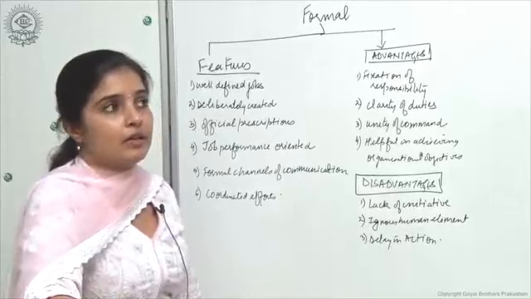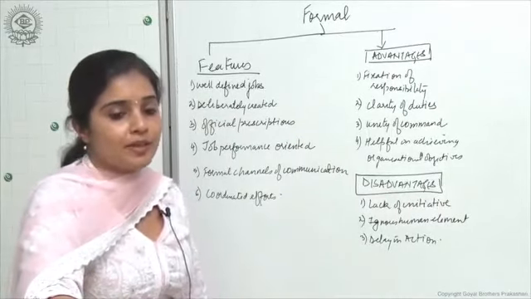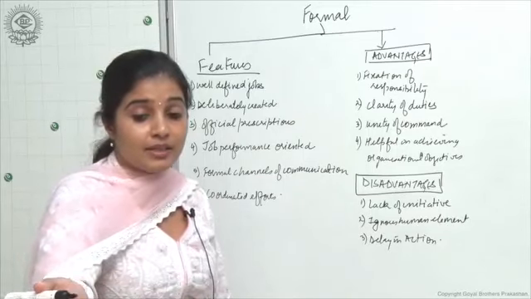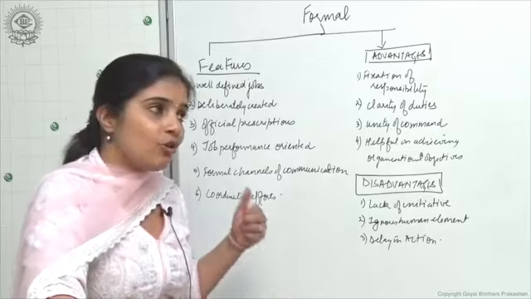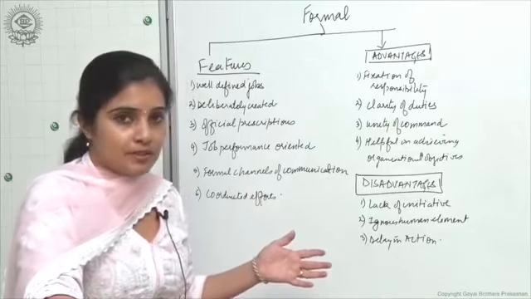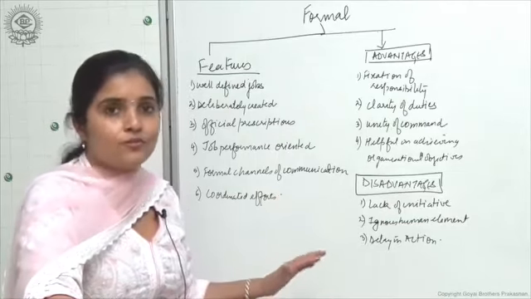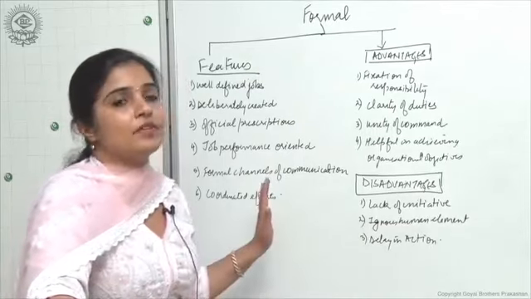And if any employee falters in following the rules and regulations designed by the top level management, he will be called inefficient or ineffective. So at all points of time, everyone in the formal organization is under pressure to follow the official prescriptions, as a result of which there is no self initiative.